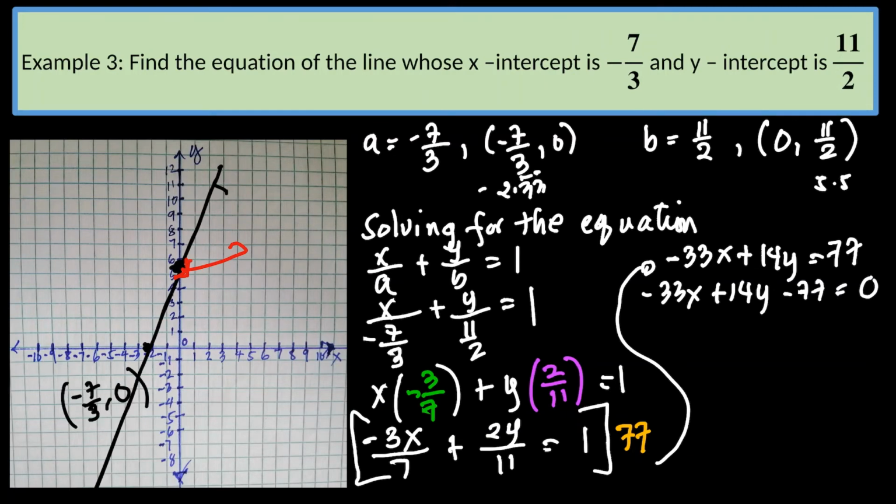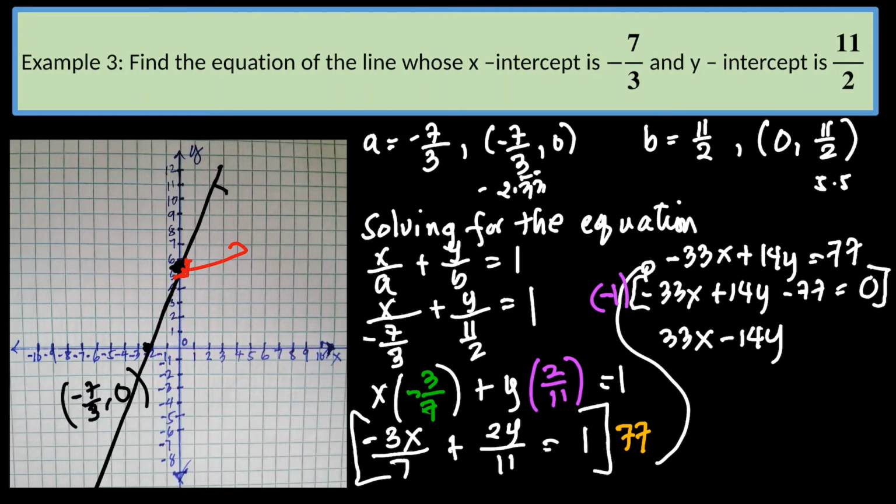Alright, so we can actually make the numerical coefficient of x here positive. So we multiply both sides by negative 1. That will give us positive 33x. Negative times positive is negative 14y.